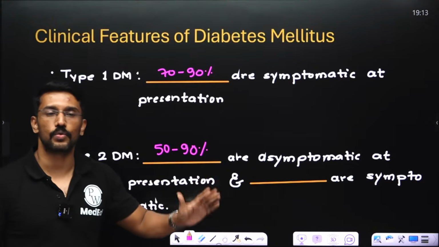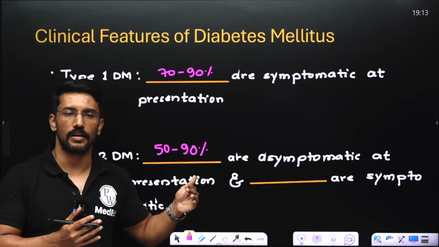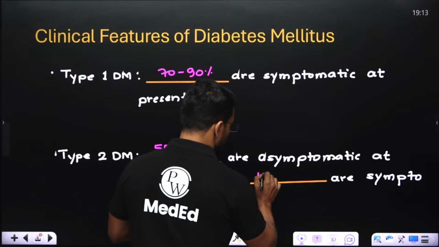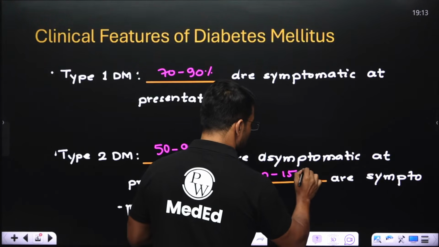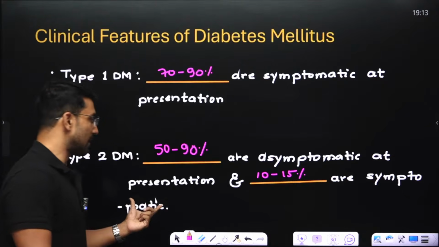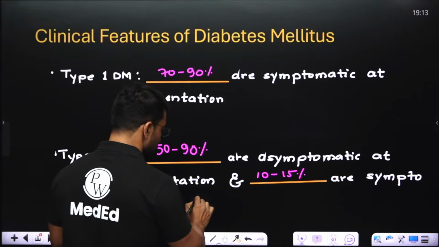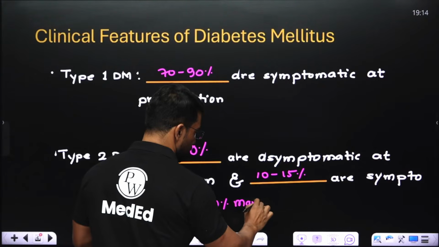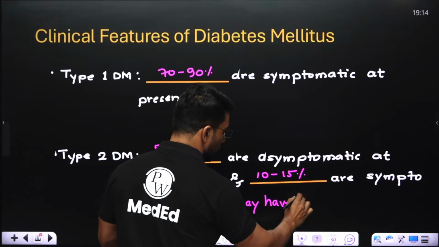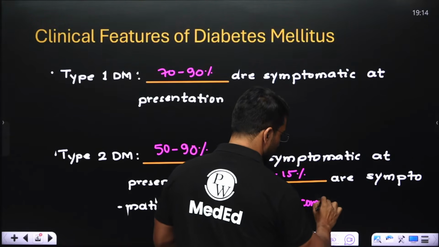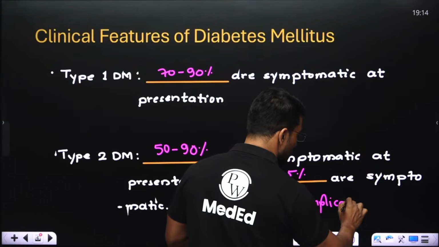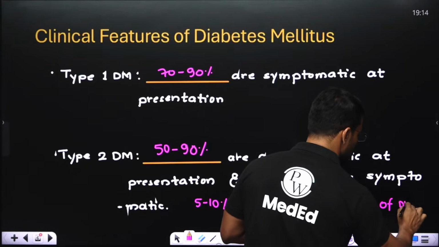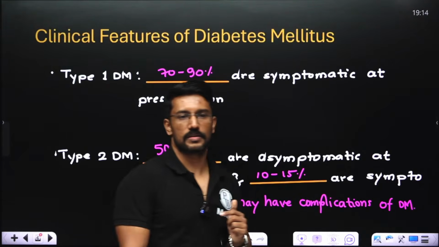They get diagnosed as diabetic because of routine screening and not because they have developed symptoms. 10 to 15% may be symptomatic at the time of presentation, and out of that, 5 to 10% may have complications of diabetes. So by the time they recognize it, they have already developed the complications of diabetes mellitus.